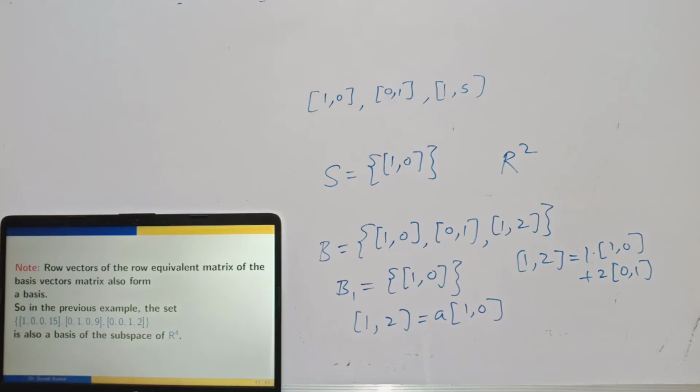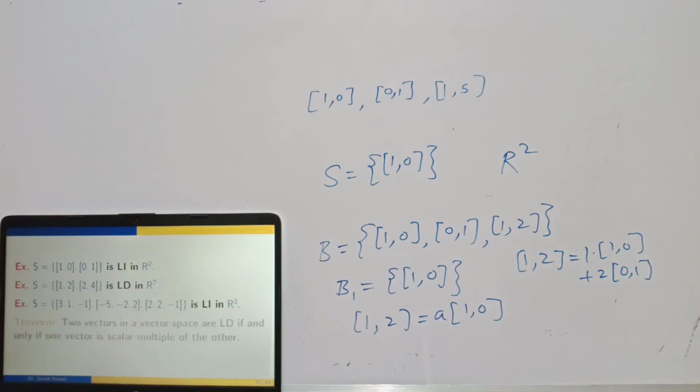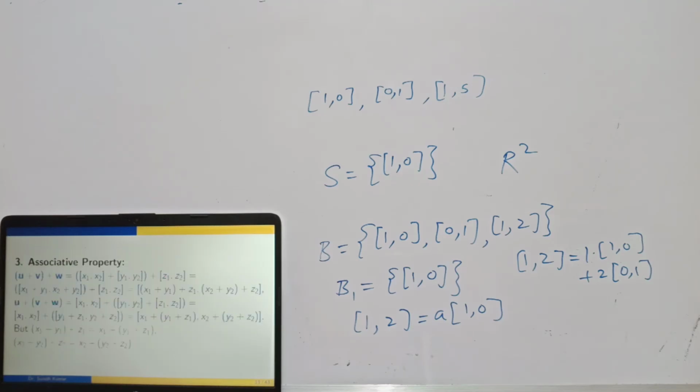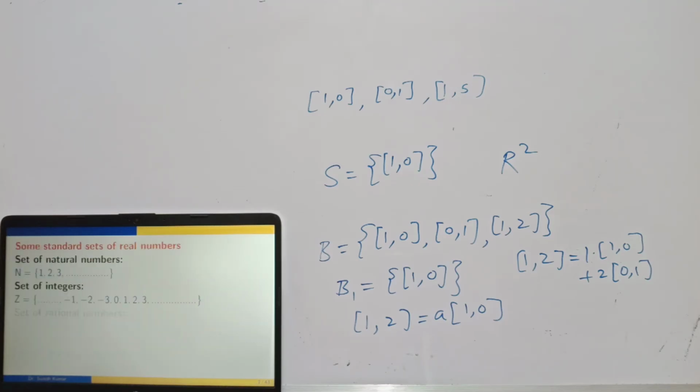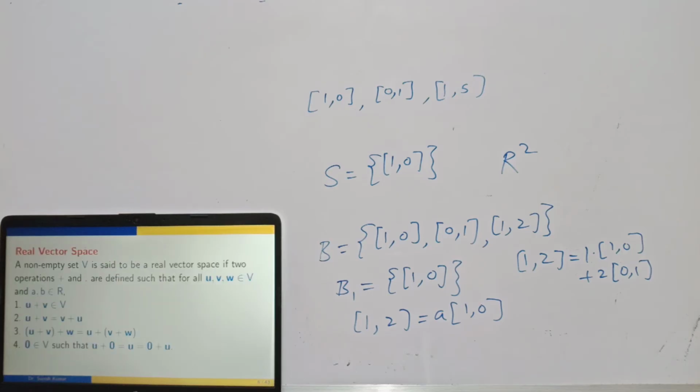Okay, so in this chapter what you have learned mainly, let me go back and revise the main things. The main important definition is real vector space. What is a vector space? See again.